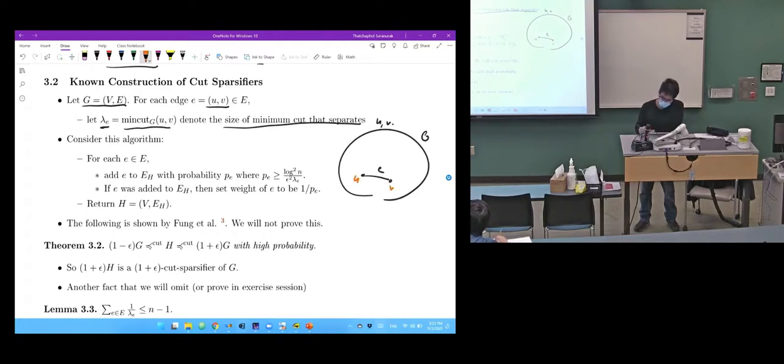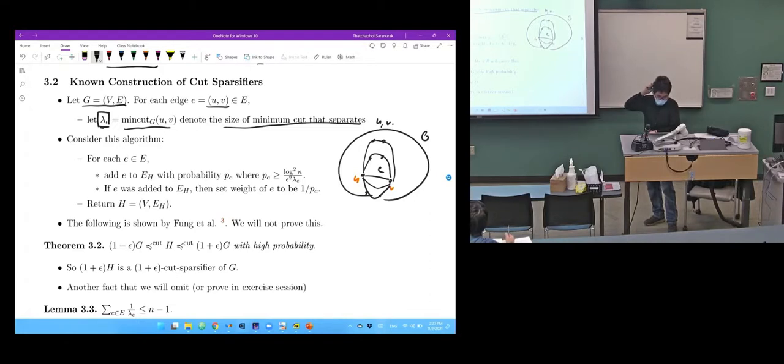If there are many paths like this, then the min cut that separates them is going to be big. You really just compute a max flow from U to V and you get this number. So this is just some number.